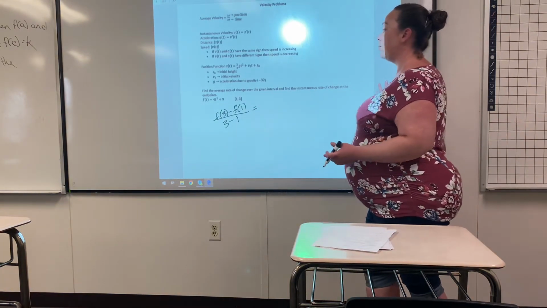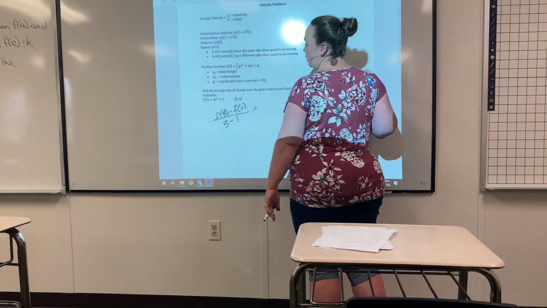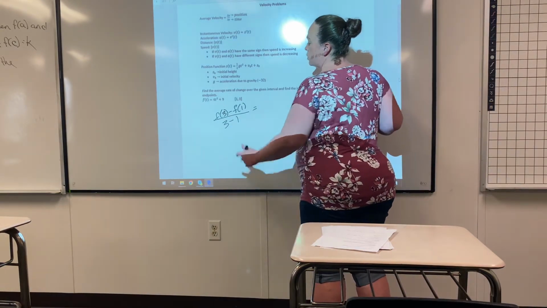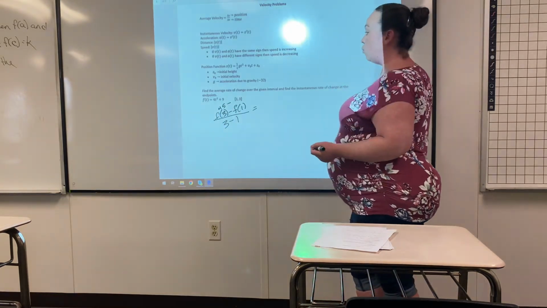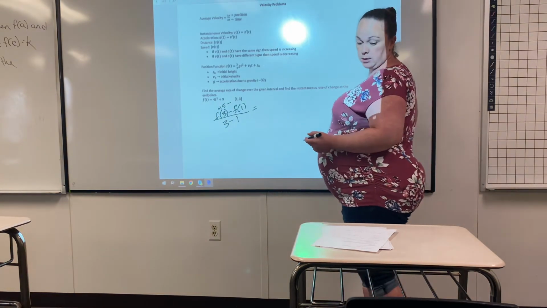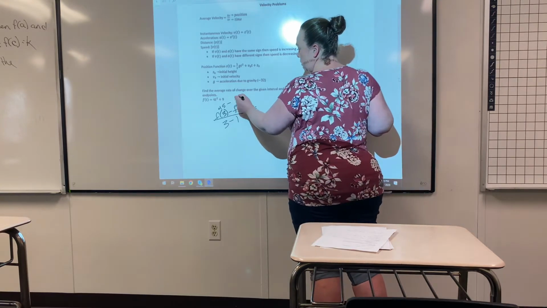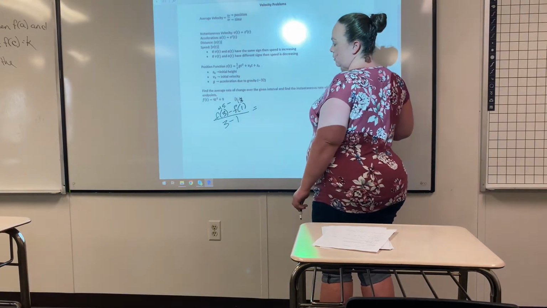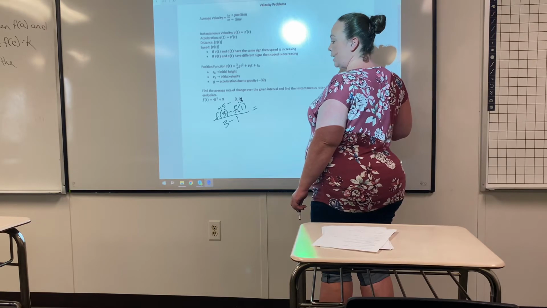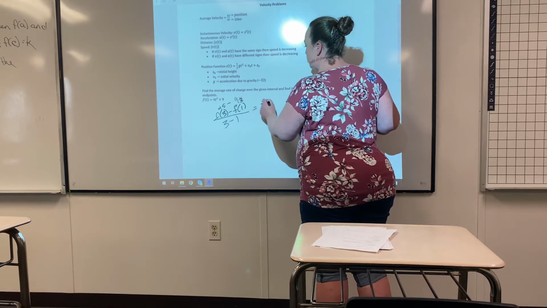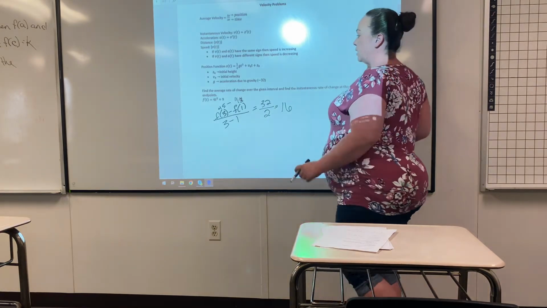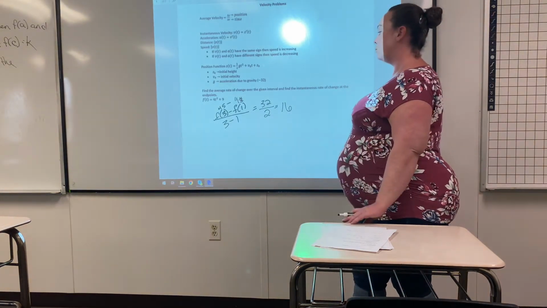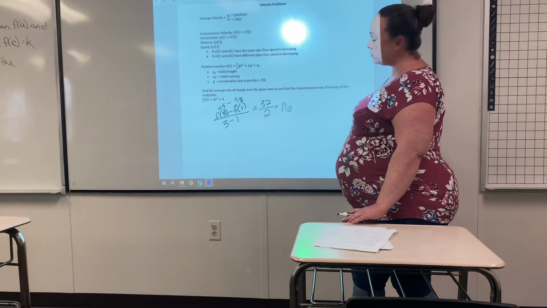So you would be plugging in 3 to your function, which is going to be 45, minus, when you plug in 1, that's going to be 13. So then you are looking at 32 over 2, which is going to be 16. And since they didn't label those, I wouldn't label that one.